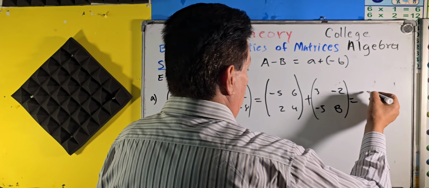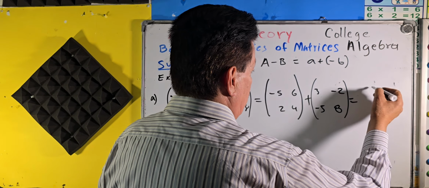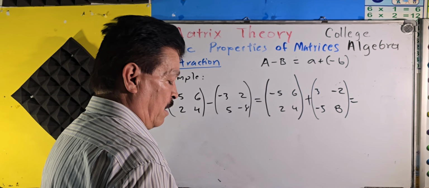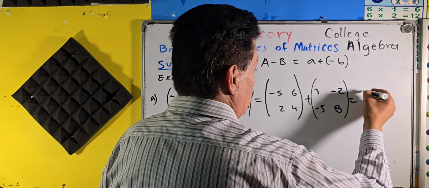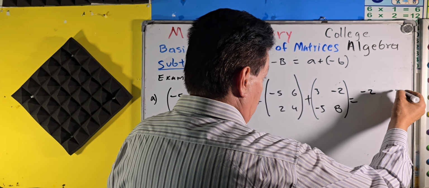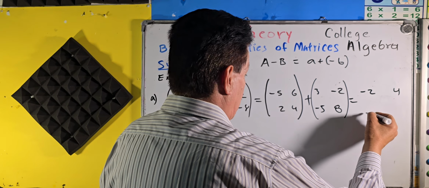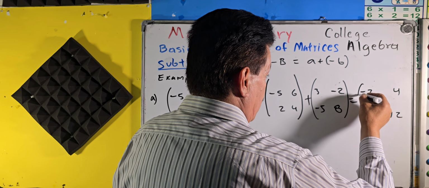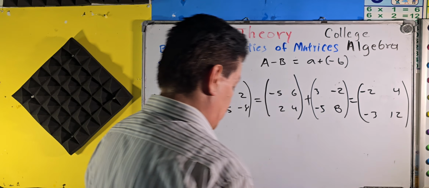In conclusion, I don't want to do the whole process, but the first one is going to be negative 2, then 4, then negative 3, and then 12. This is the answer, our matrix. Why?